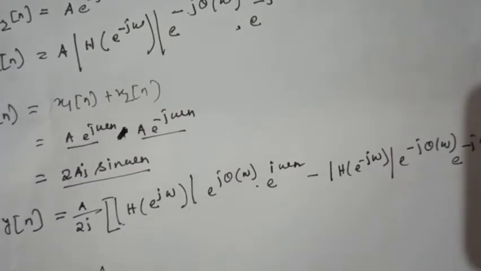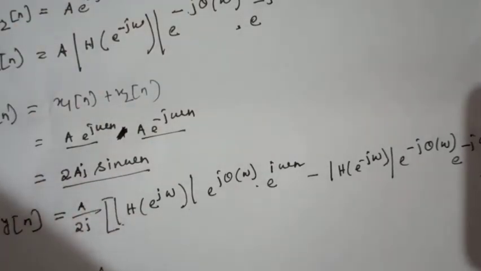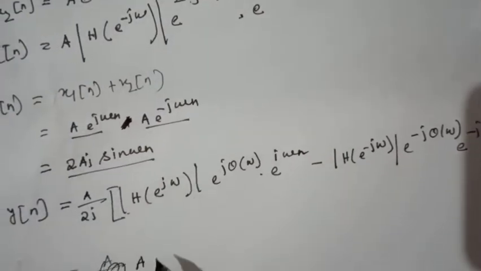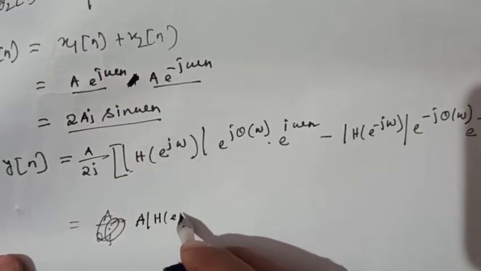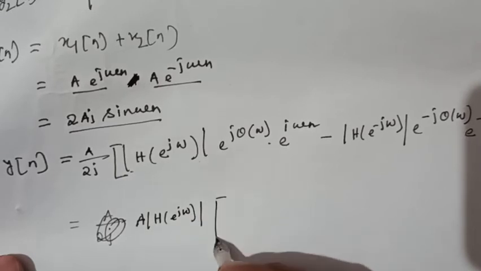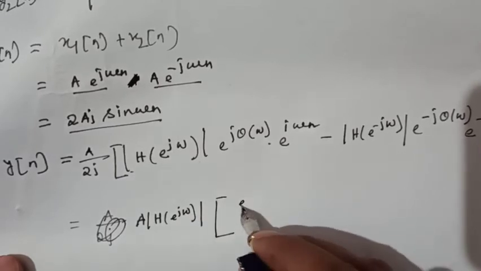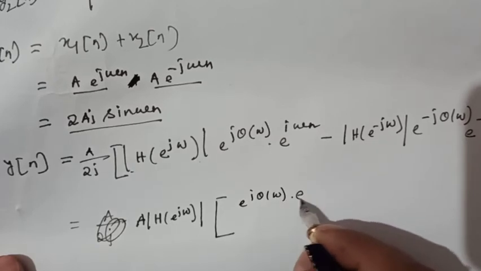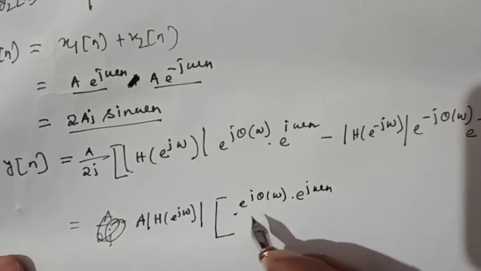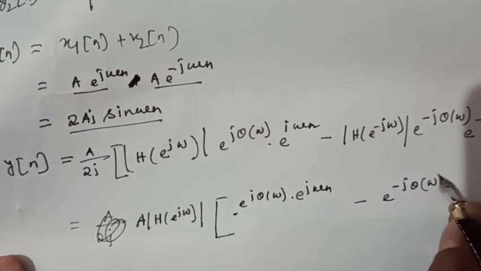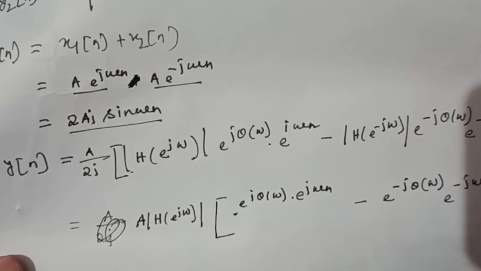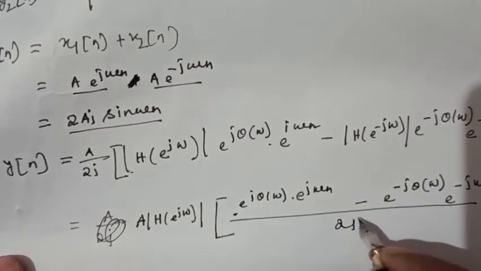So we can write it as a by 2j, and 2j I put inside, so a into magnitude of h of e to the power j omega into e to the power j theta omega e to the power j omega n, then minus e to the power minus j theta omega e to the power minus j omega n divided by twice j.